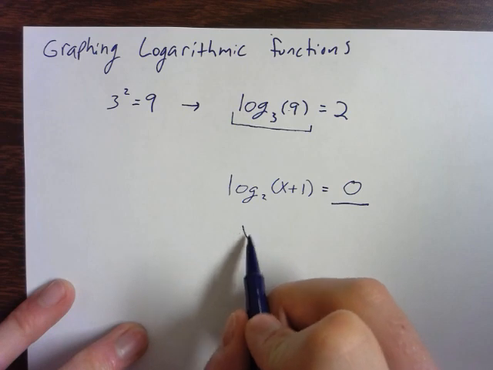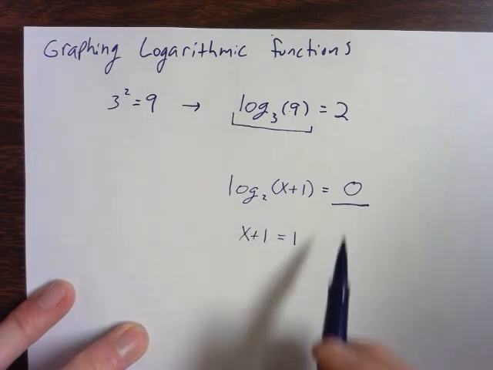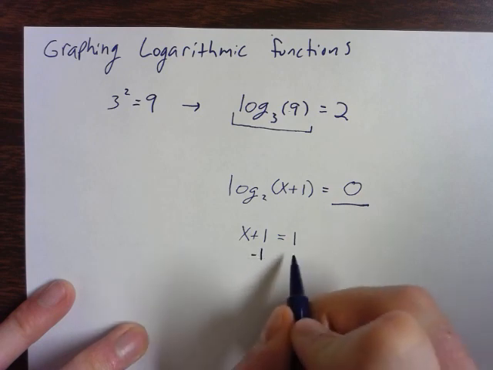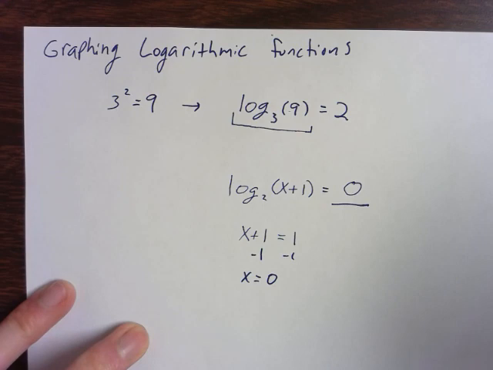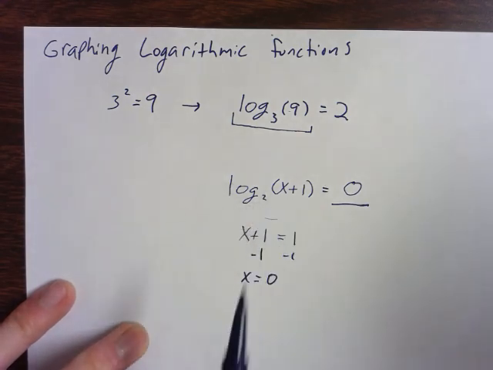So x plus 1 must equal 1 for this to be true. To solve for x, I subtract 1 from both sides. So x equals 0. At x equals 0, my logarithm equals 0.